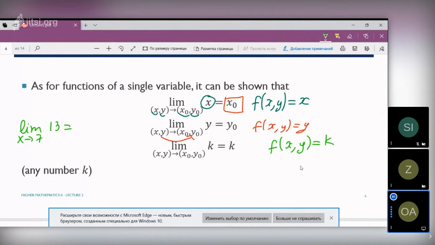Can you see this green expression here? Yes. What is the answer for this one? The limit as x tends to 7, the function is 13. It is from the previous course, Higher Mathematics 1. So what is the answer? What do you think?